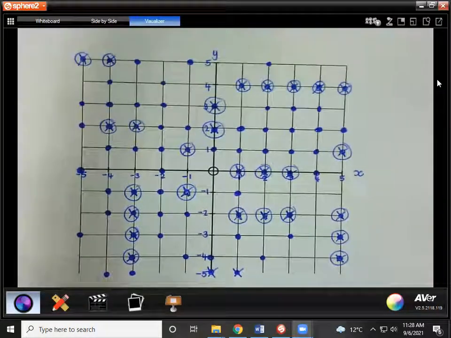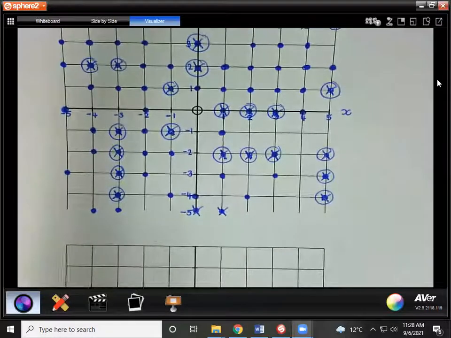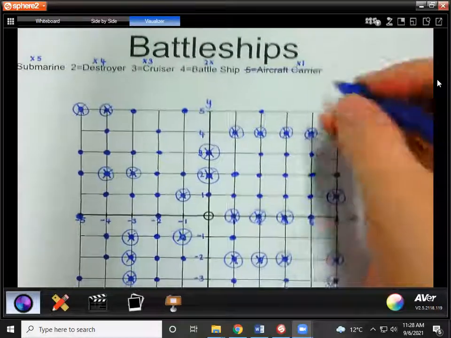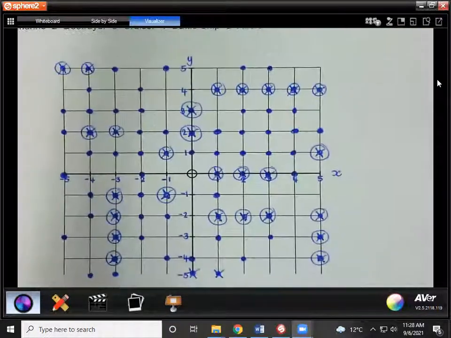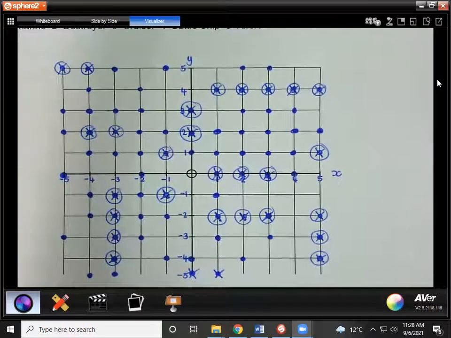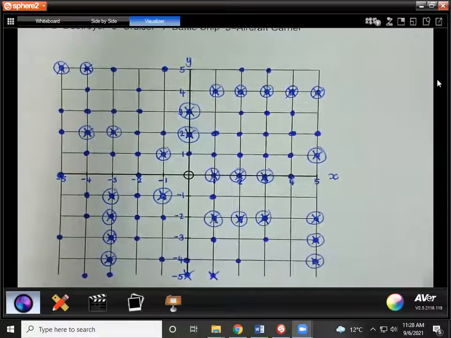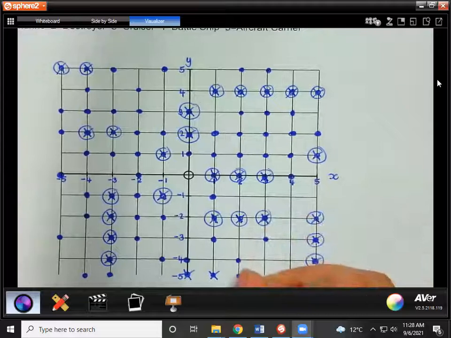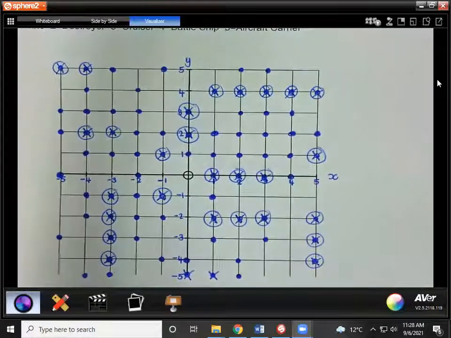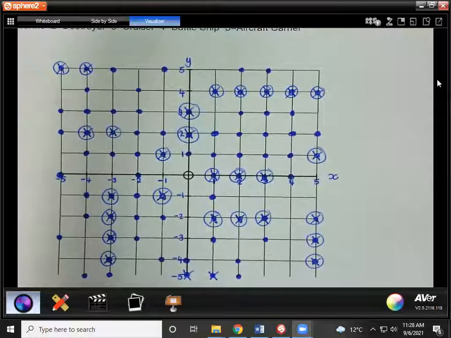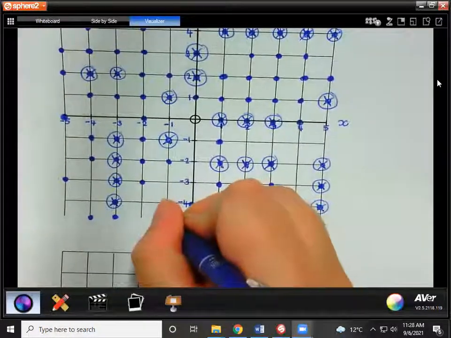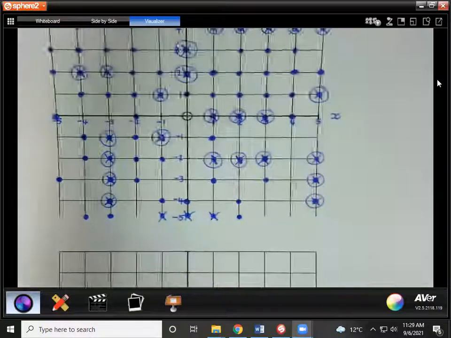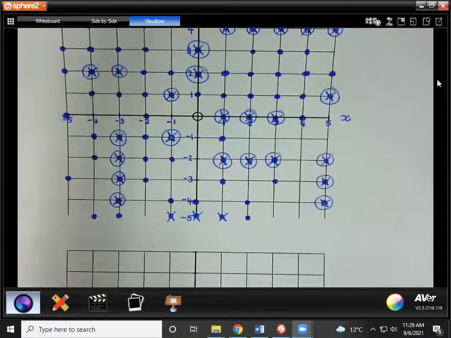So it's a 4.1. 3, 5 is up there. Miss. 2, -5. That is a miss. -1, -5, hit, destroyer. What is it? Battleship, I mean, sorry.